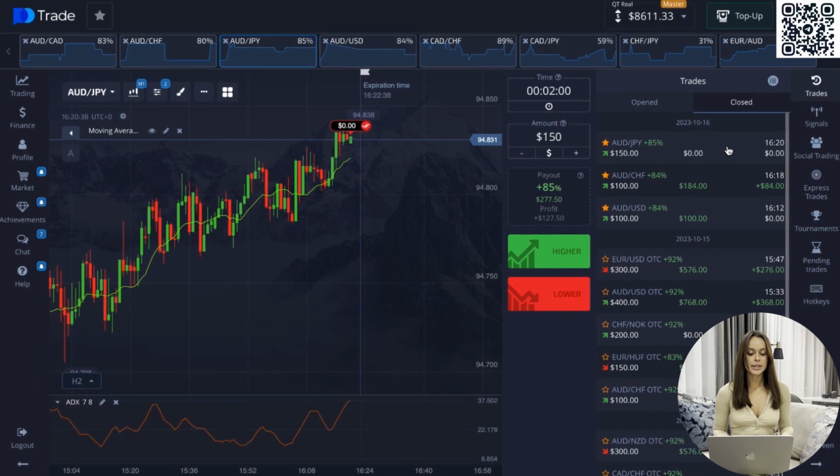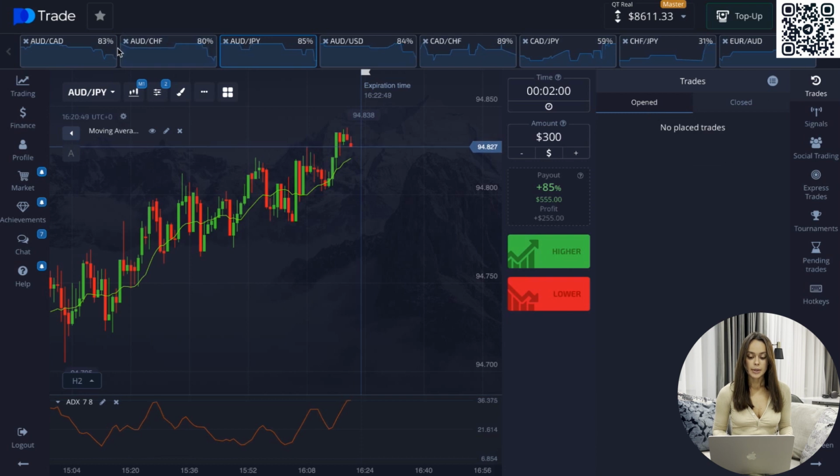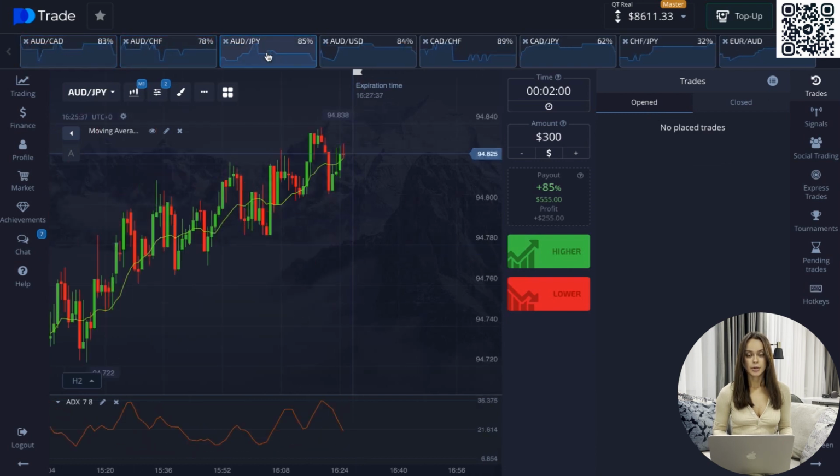Unfortunately, our third deal turned out to be negative. I will set the amount of the fourth transaction at $300, twice as high as the third one, in order to recoup it and also earn more. We look further.